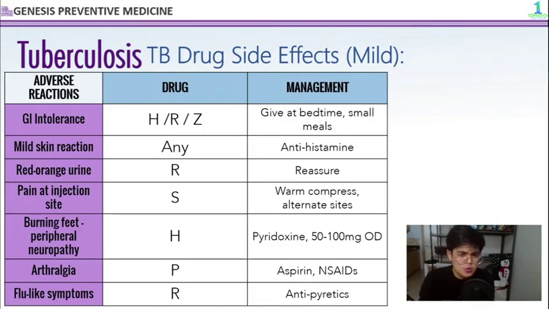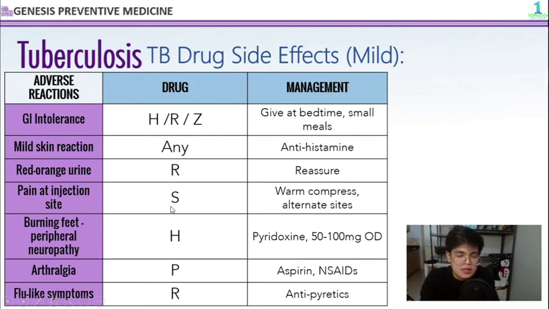Next, we go to sort of a loaded table here. It's the management of drug side effects for tuberculosis medications, focusing mainly on the 4 main drugs and the injectable streptomycin. So HRZE again, and S for streptomycin.